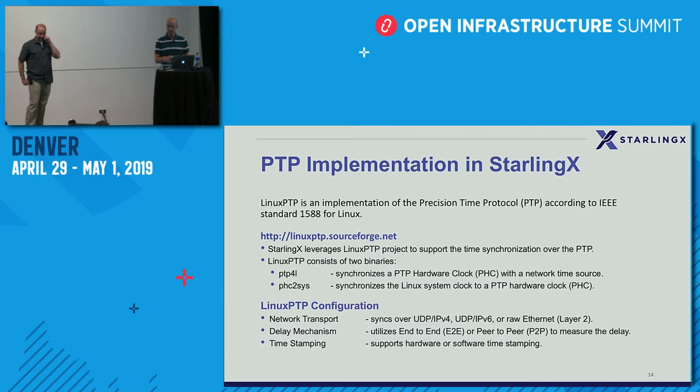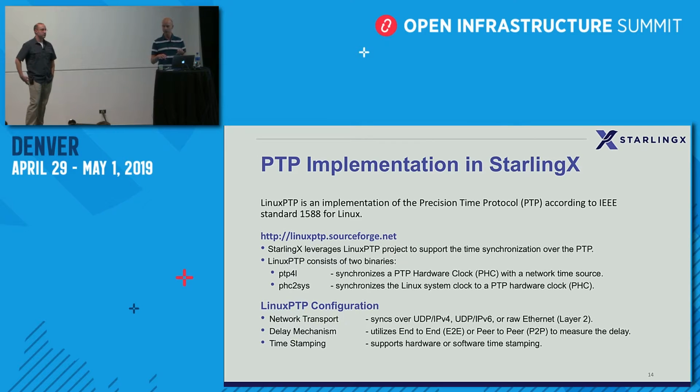Basically, it implements the latest standard of the PTP protocol, and it also leverages the latest API provided by the Linux kernel to simplify and achieve the best high-performance quality of time synchronization between the PTP clocks and the Linux system clocks. There are actually a couple of configurations you need to be aware of. So basically, Linux PTP consists of two different binaries.